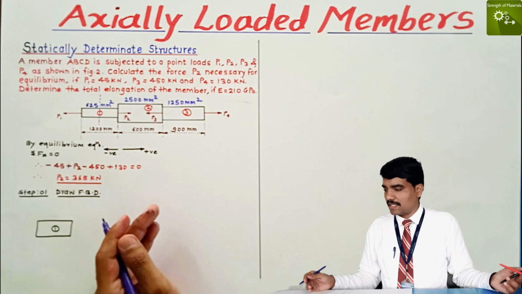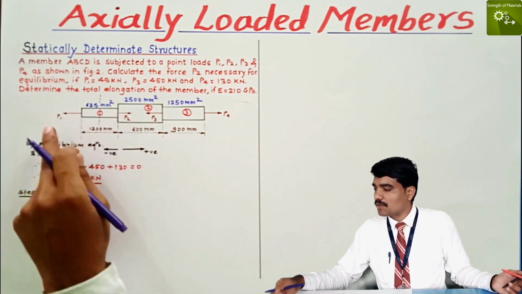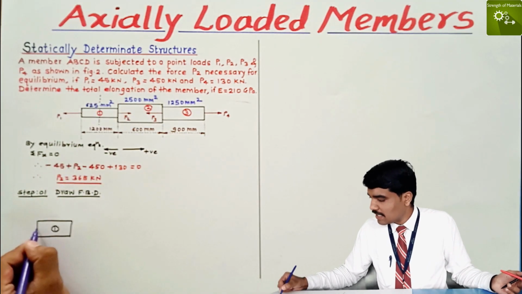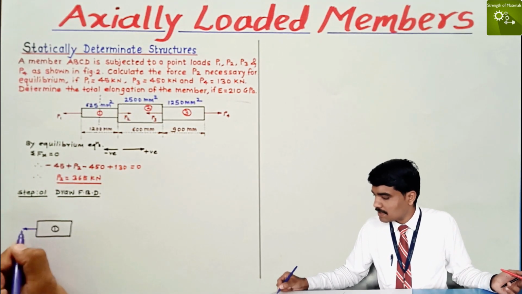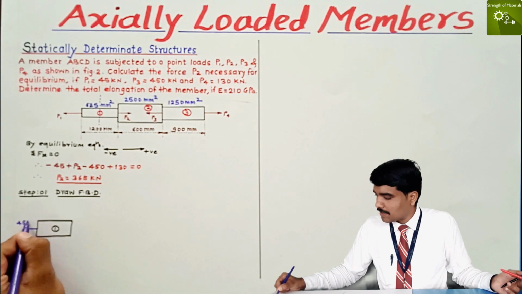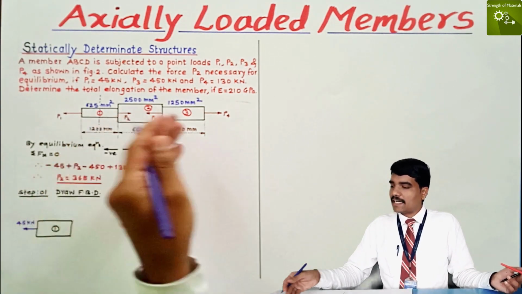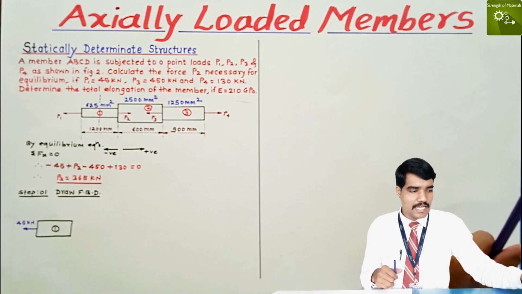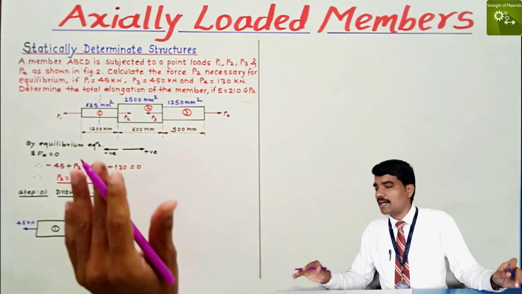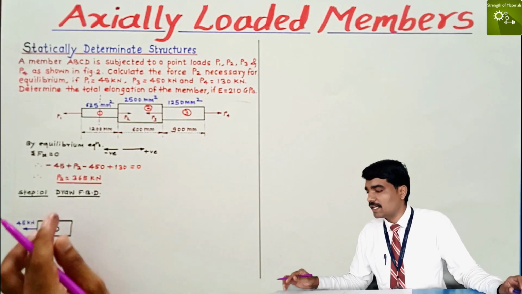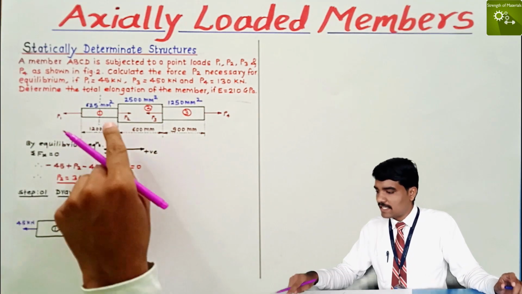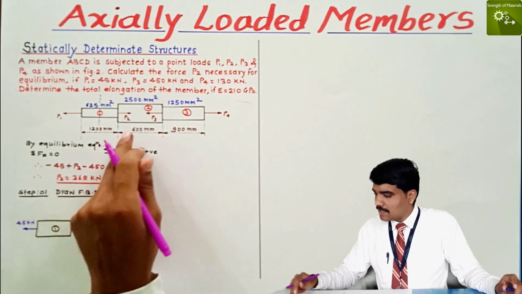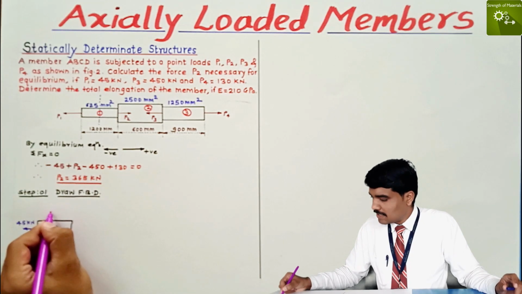See the left side of forces. The left side force P1 goes towards left, it is negative, and that P1 is 45 kN. Here I draw a force 45 kN. Then see the right side of forces. If forces are equal and opposite, then our calculation is true and we got the internal force in section 1. See the right side of forces: P2 goes towards right, it is plus 365.